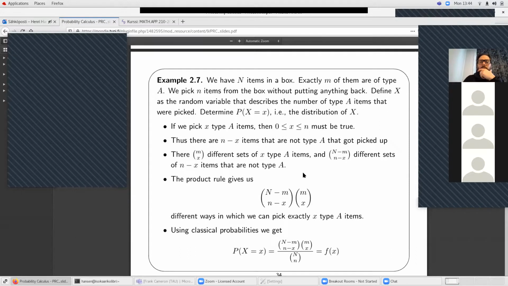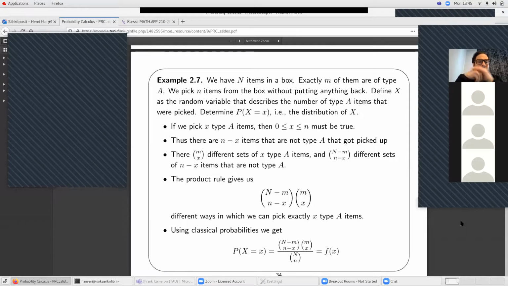Here's an example. We have N items in the box. M of them are of type A. So let's say that there are apples and oranges, and we have M oranges. There are capital N fruits, and lowercase m of them are oranges.